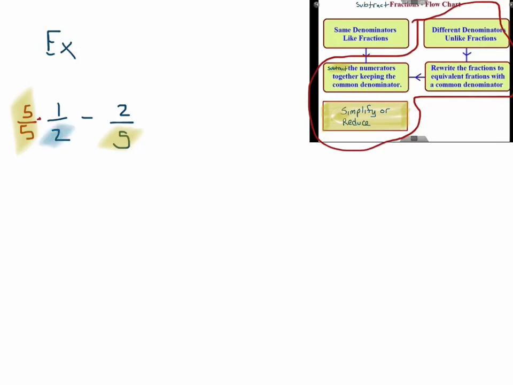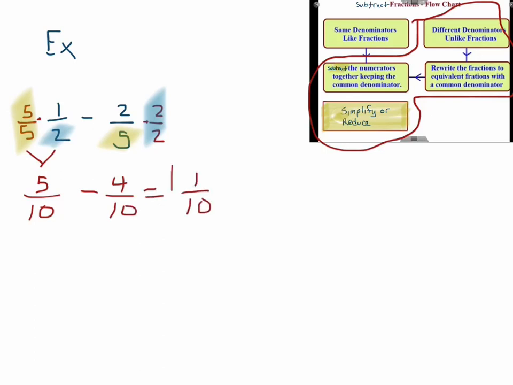I'm going to multiply over here. So that's what's happening. We got 5/10 minus 4/10, which will equal 1/10, and that's our answer. Done. Next, I have to find common denominators, so then you subtract the numerators.